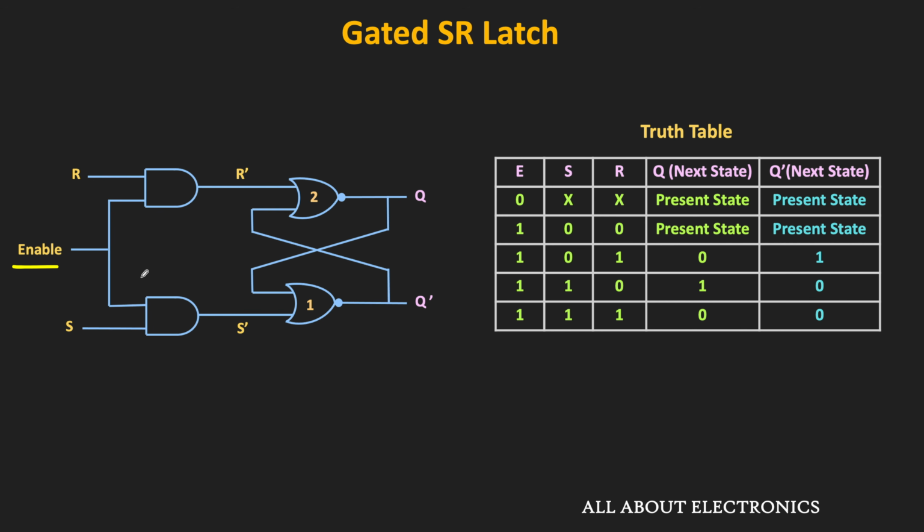And in this condition, the gated latch will respond to the inputs, and based on the inputs, the output of the latch will change. So once again, when this enable input is high, the input combination when both S and R inputs are high is forbidden, because in that case both Q and Q bar outputs will be the same.